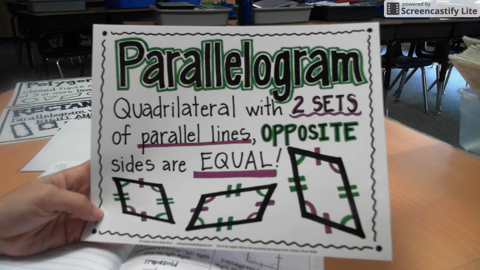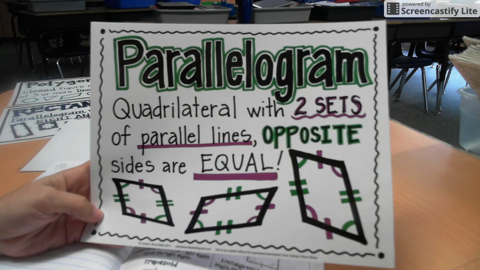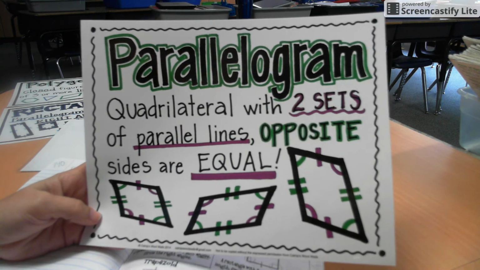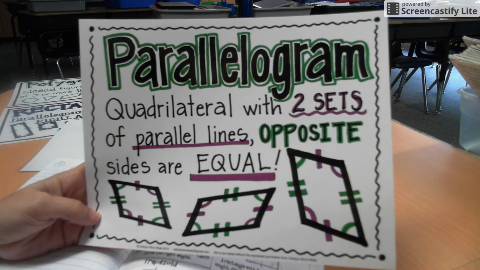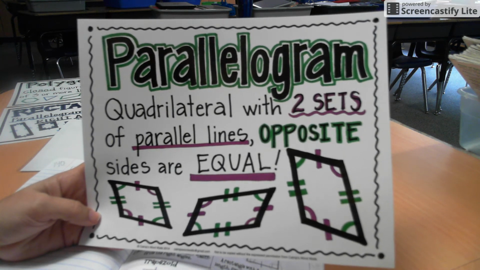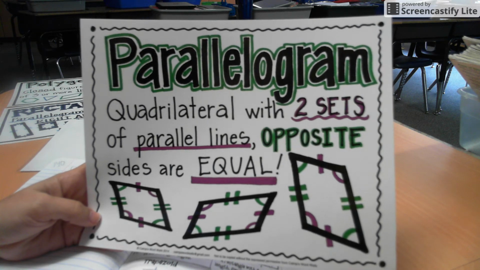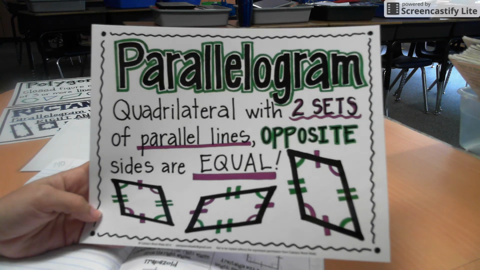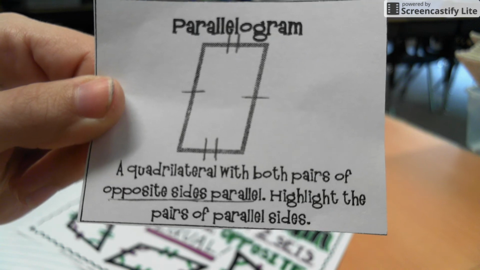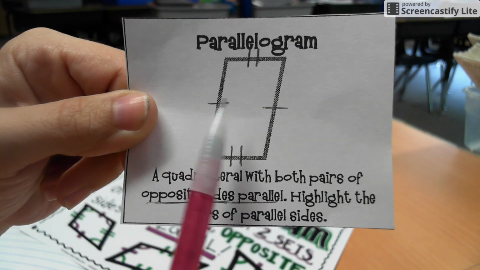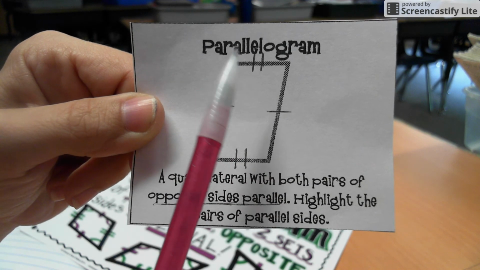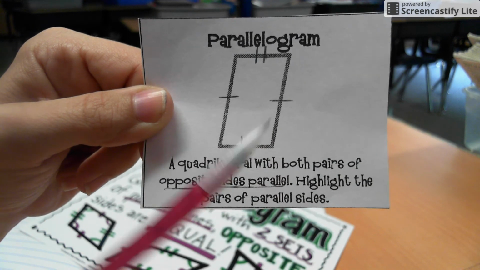All right, the last one we're going to talk about is a parallelogram. It is a quadrilateral, so it means it has 4 sides and 2 sets of parallel lines. The opposite sides are equal. So get your paper and we'll talk about what that looks like. All right, so both pairs of opposite sides are parallel. So this side is parallel to this side. This side is parallel to this side.